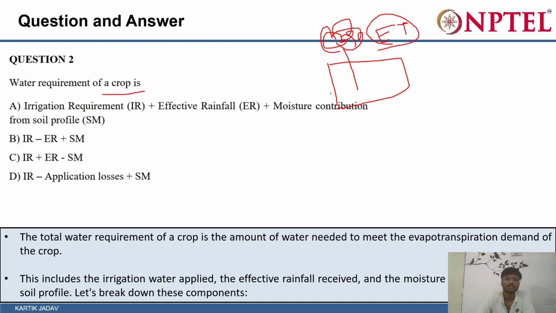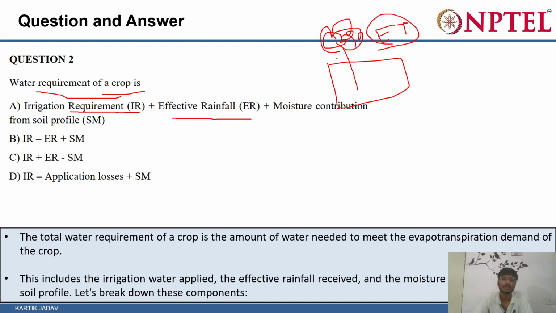Generally, crop water requirement is equal to irrigation requirement plus effective rainfall.